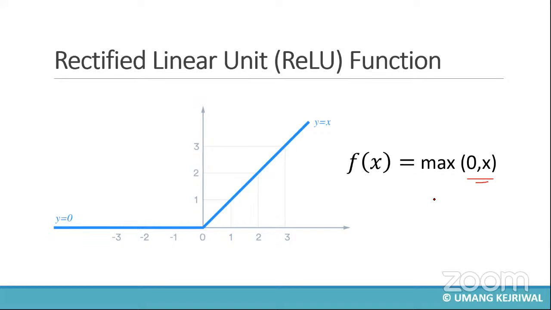If 0 is greater than x, the output will be 0. And if x is greater than 0, the output will be x. So we can say that the range of this one is 0 to infinity. So wherever you want any positive number, you can go for the ReLU function.